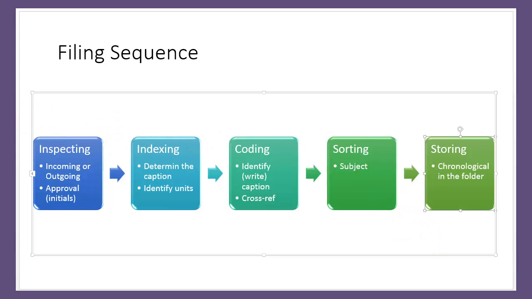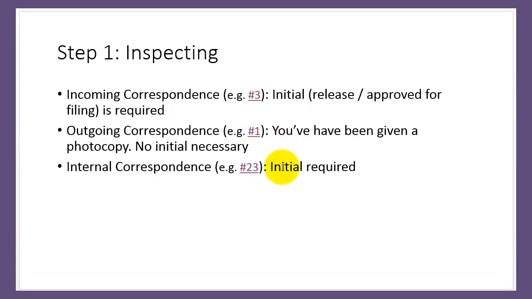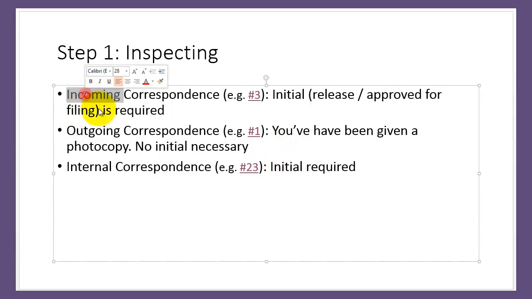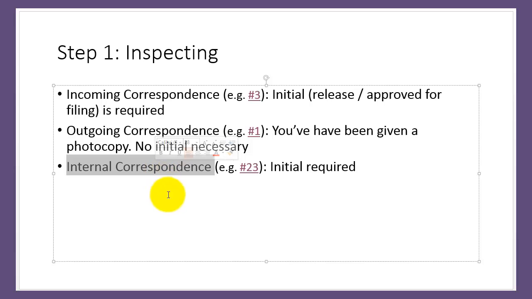All right, so let's talk about inspecting, step 1. So you can determine whether it is incoming or outgoing correspondence, and you also need to inspect if this is an internal correspondence as well. So let's look at incoming.